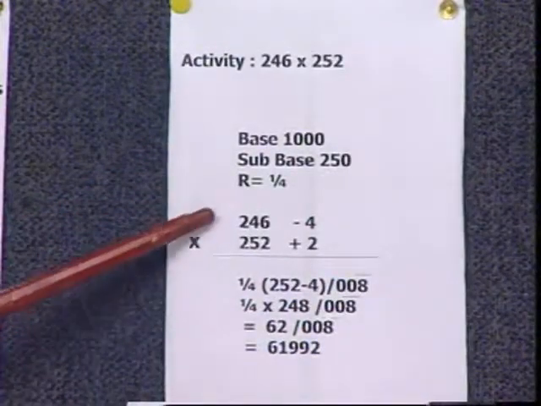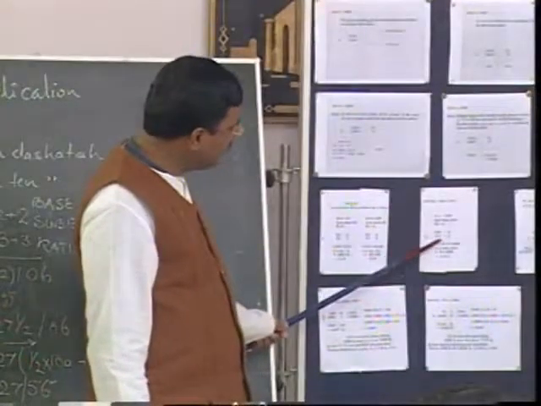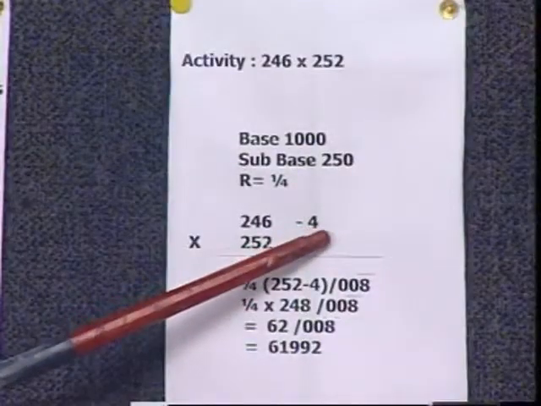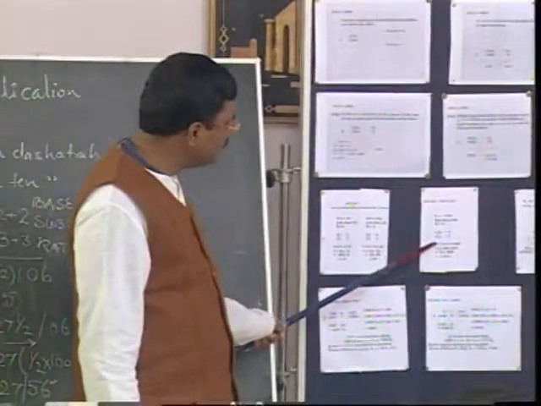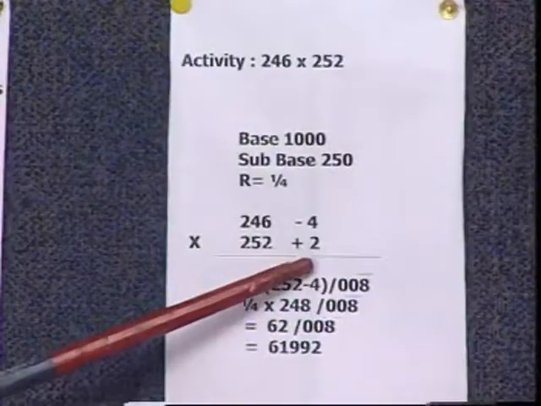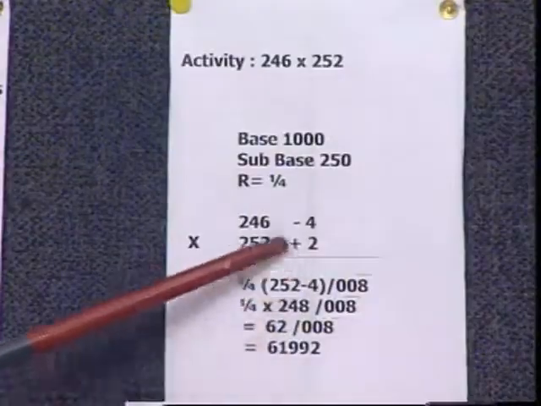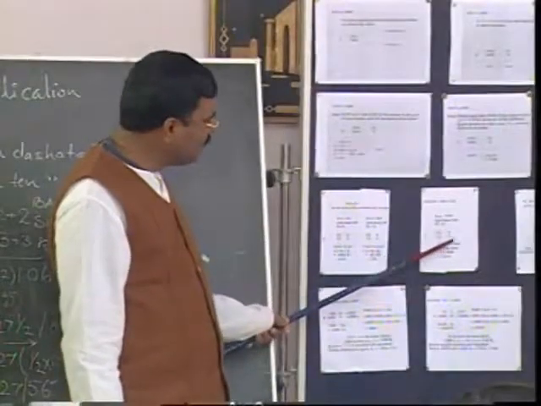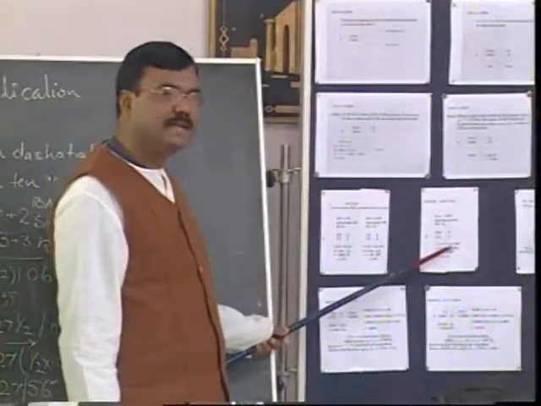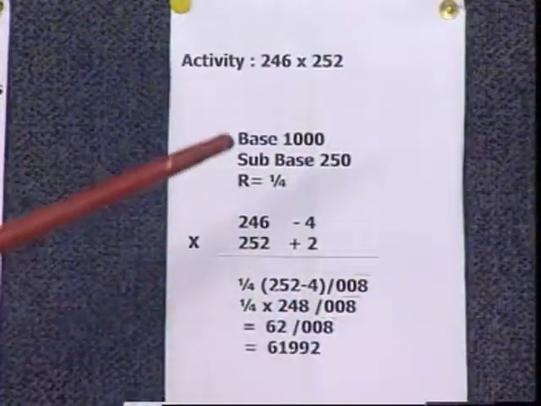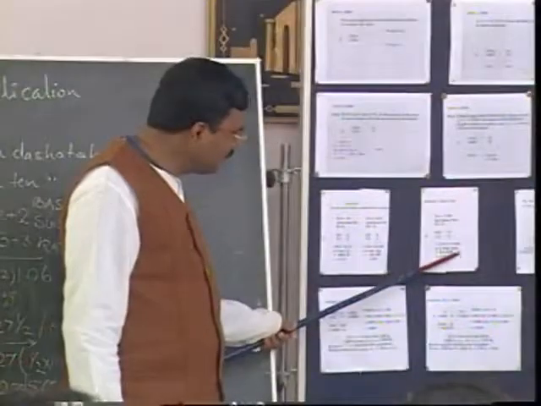Now, 246 is the Vinculum 4, that is minus 4, and 252 is the positive 2. Now, what is the result of this minus 4 multiplied by 2? You will get minus 8, but it is a single digit, so 008.